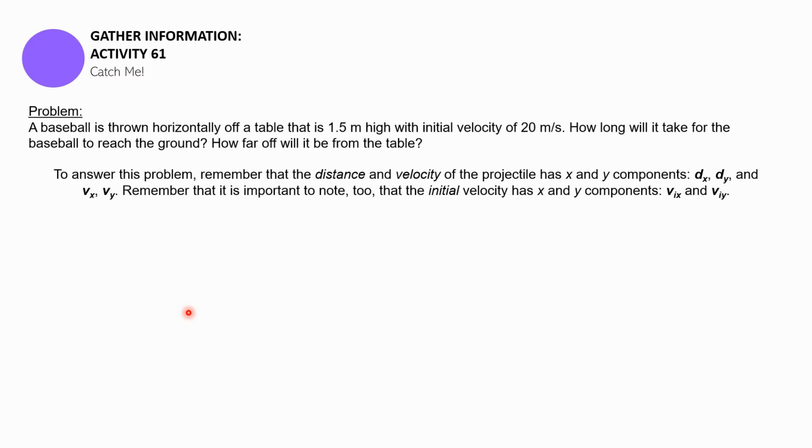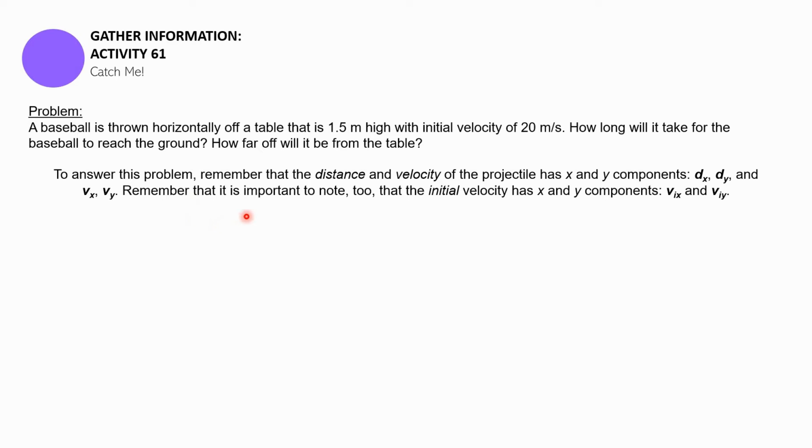Okay, so to answer this problem, remember that the distance and velocity of the projectile has x and y components, dx and dy, that is in the previous sessions. Okay, and the vx and vy. So ang distance, meron siyang distance in x, distance with regard to y, and then meron din siyang velocity with regards to x and y.